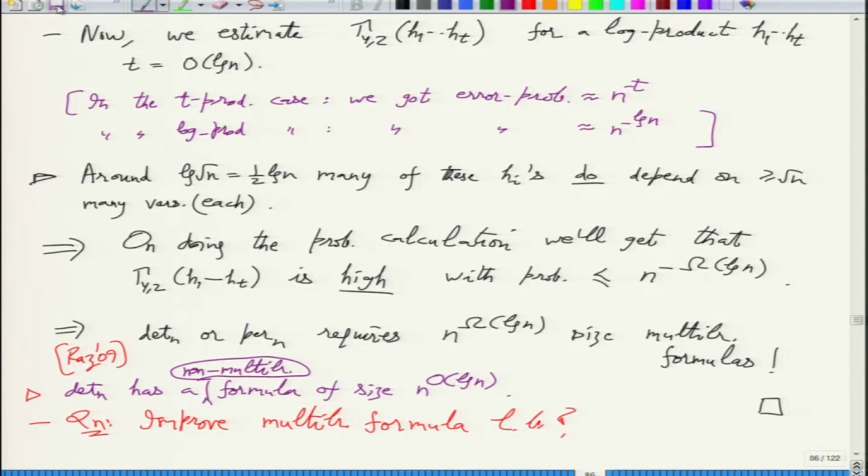But you would expect that when you have the multilinearity assumption, then nothing should exist. It should be just 2 raised to n size, but that is not known. So improving the multilinear formula lower bound or upper bound, both are open.